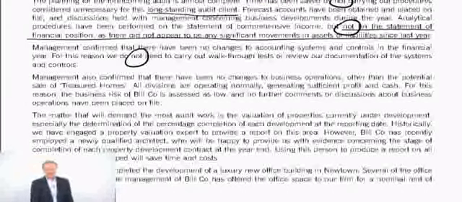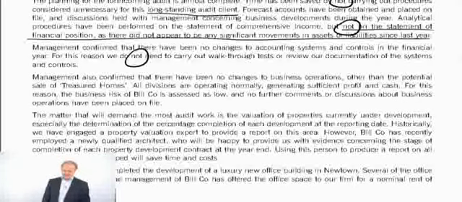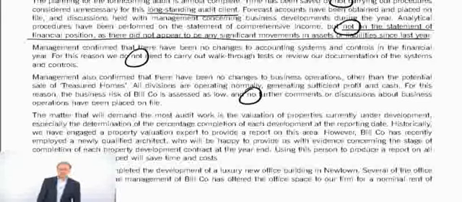Management also confirmed, they're confirming a lot, aren't they, management, that there have been no changes to business operations other than the potential sale of treasured homes. All divisions operating normally, generating sufficient profit and cash. For this reason, the business risk of Bill is assessed as low, and no, common word in this story, isn't it? No further comments or discussions about business operations have been placed on file.